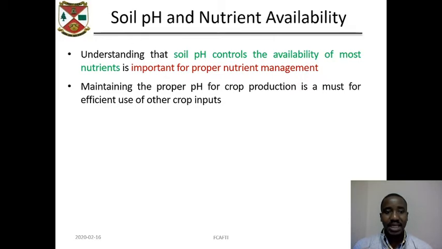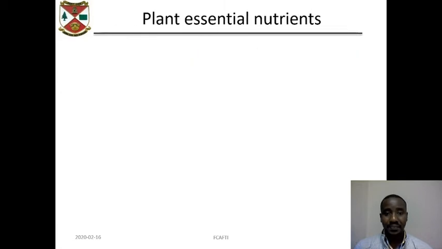And maintaining the proper pH for crop production is a must for efficient use of other crop inputs. Very, very important. If you want to have good yields or optimum yields for the crop that you have grown in your field, you must maintain an optimal or a proper pH.